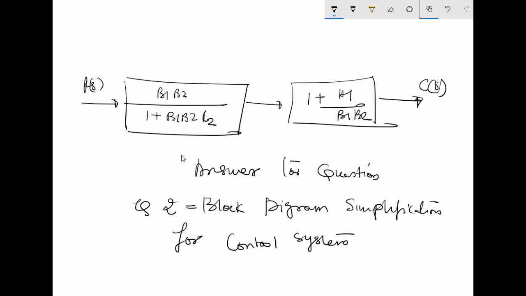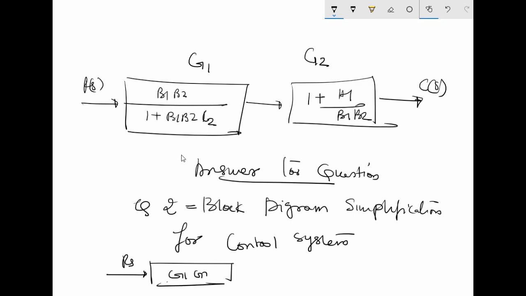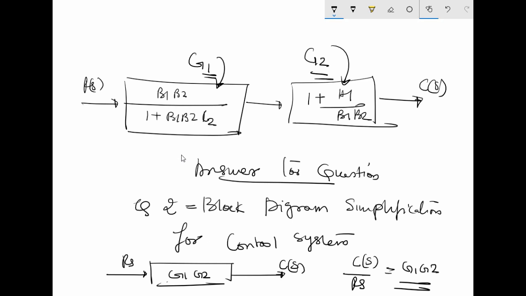The final answer will be, if I say this is my G1 and this is my G2, then RS is equal to G1 G2 and this is my CS. So my CS upon RS will be equal to G1 G2. If I call this my G1, just to simplify, this will be my answer.